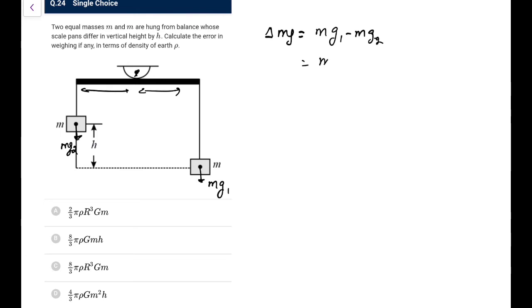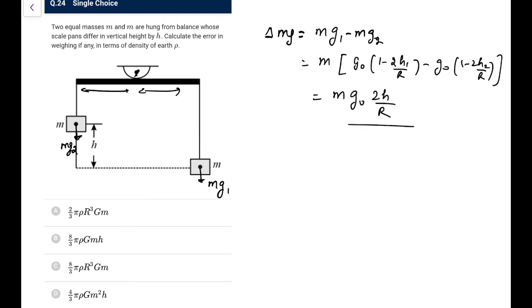And what would be that error? g₁ I can write as g₀(1 - 2h₁/R), and here I can write g₂ as g₀(1 - 2h₂/R). Definitely h₂ is at more height, so if I solve it, it would be mg₀ into 2h/R. That is the error we will get. And what is g₀ in terms of the earth's density?